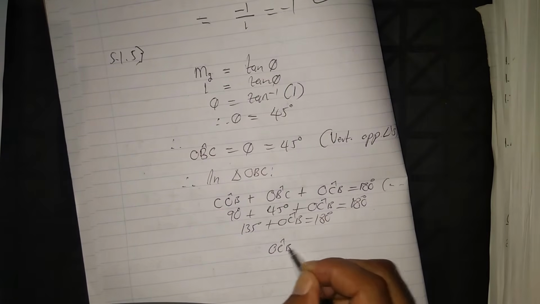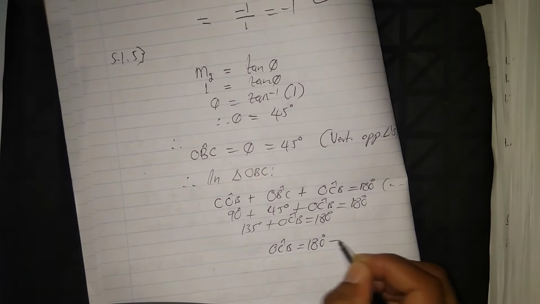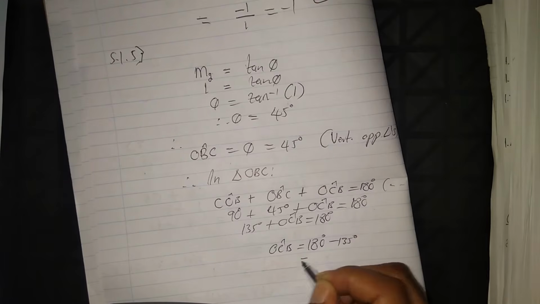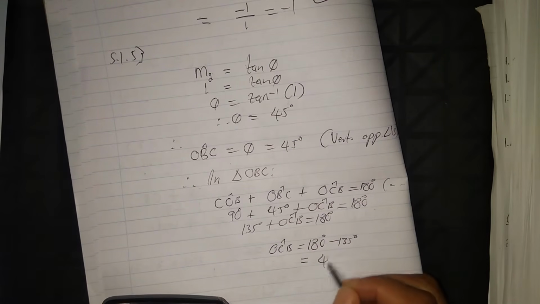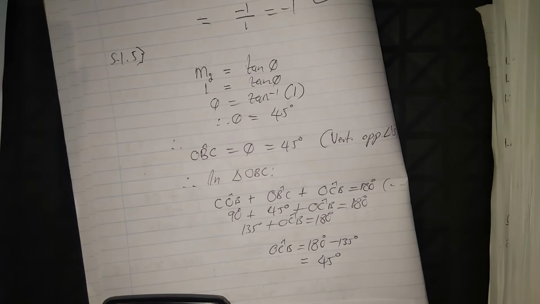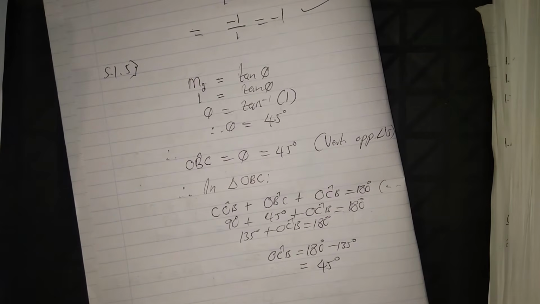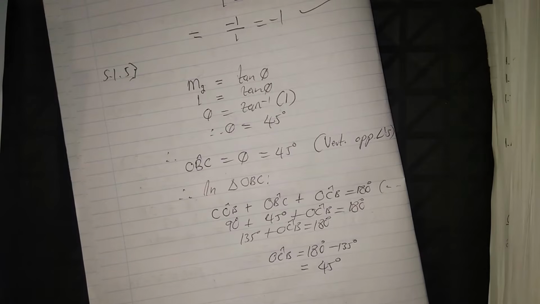So OCB is equal to 180 minus 135, which is 45 degrees.